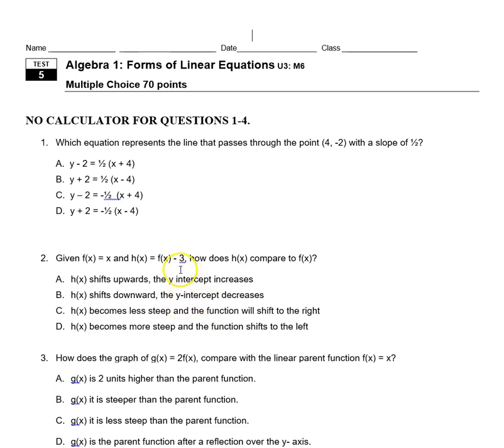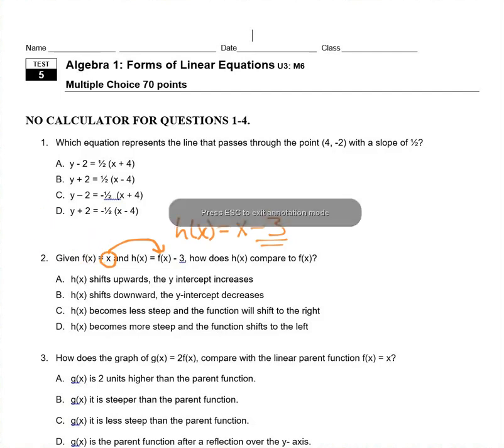So what's happening here is that the h of x equation is really the equation x minus 3, because if we substitute x in for f of x, then h of x would just be x minus 3. And what this minus 3 is going to do, if we take the x of the original equation and subtract 3 from it, is shift the graph of f of x equals x downward 3 units.